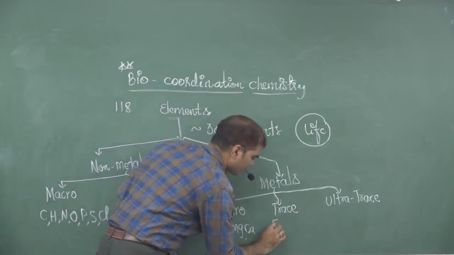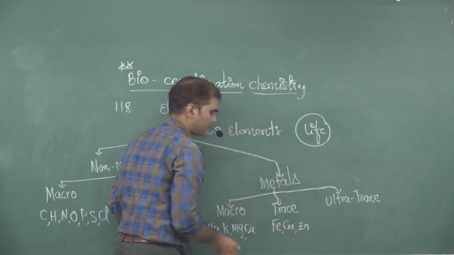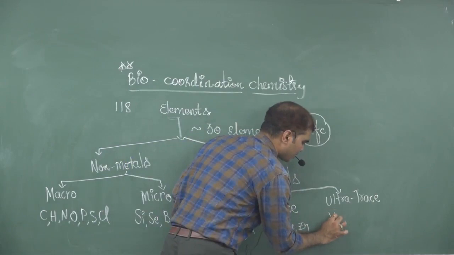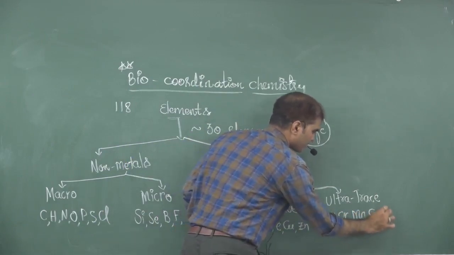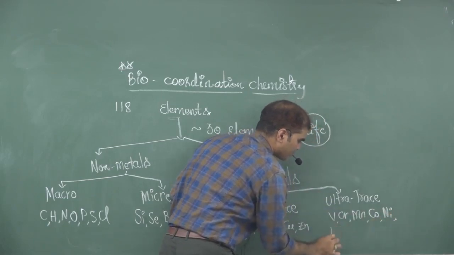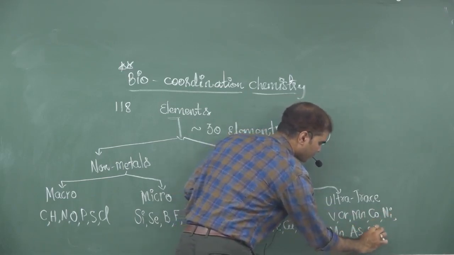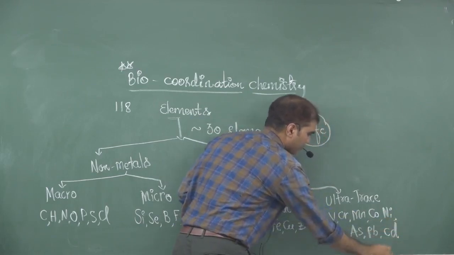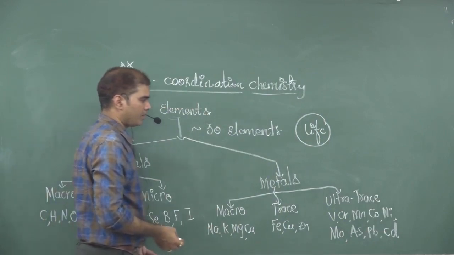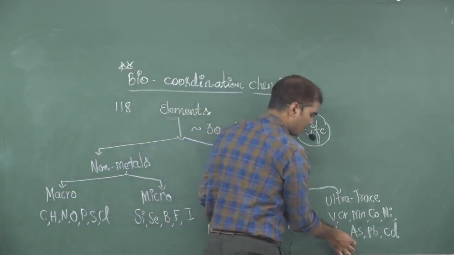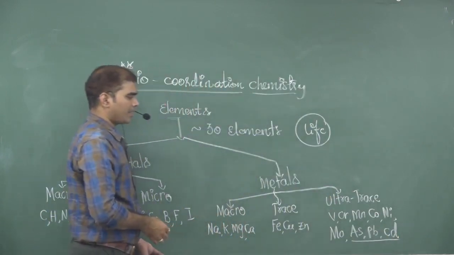Trace elements: iron, copper and zinc. And for ultra trace: vanadium, chromium, manganese, cobalt, nickel, molybdenum, arsenic, lead and cadmium.